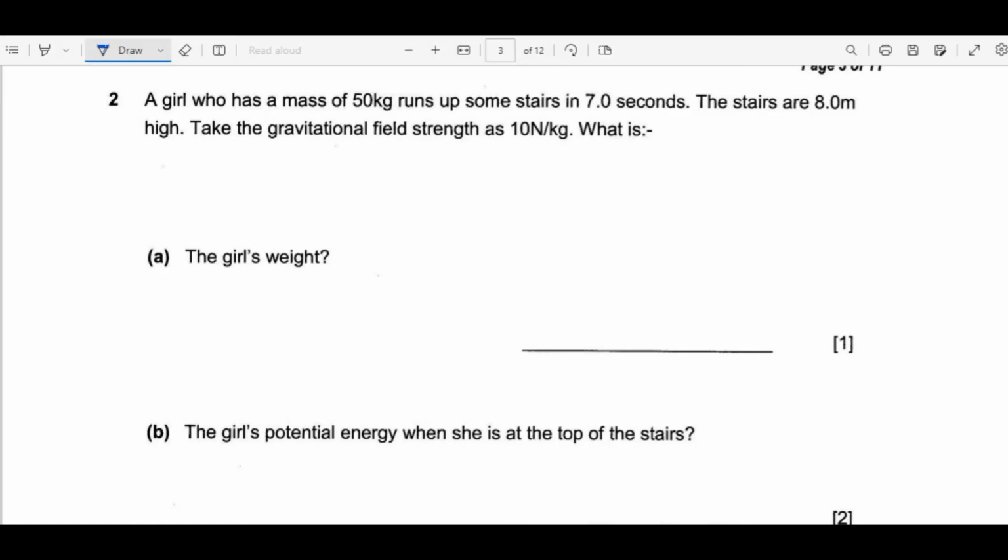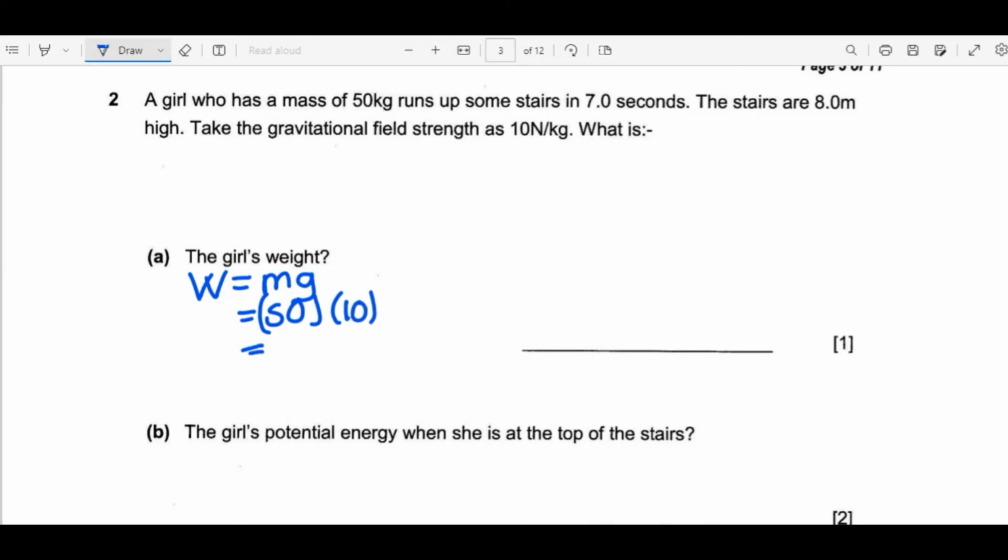The girl's weight. Weight is just the force due to gravity. Weight is given by mass and gravity. The mass is given as 50. And also remember, whenever you're dealing with weight, make sure that the mass is in kilograms. Then our acceleration due to gravity is 10.